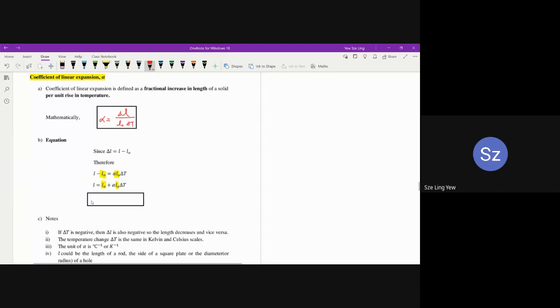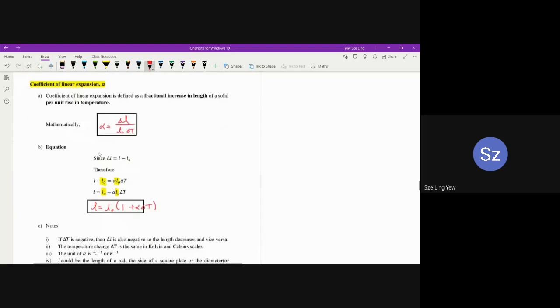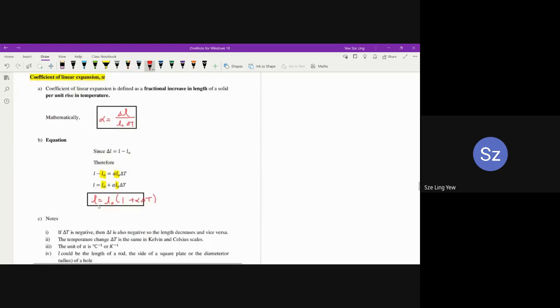Therefore the final length can be calculated by using L equals L naught bracket 1 plus alpha delta T. So the original equation that comes from the experiment is for delta L, the change in length. If you expand this equation, then you'll be able to calculate the final length by using L equals L naught bracket 1 plus alpha delta T.